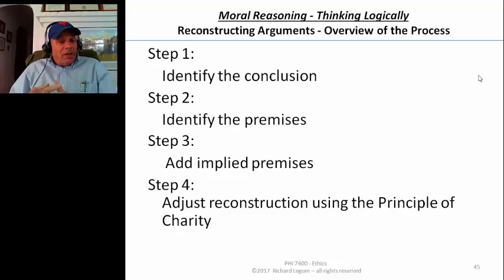That is, keeping in mind that our goal is not to win the argument or prove that the argument is wrong, but rather to get the argument to look as good as it possibly can, and then evaluate, seeing whether it really gives us good reason to believe the conclusion. And in doing that, we are going to learn something about the argument and about the problem that we're using this argument to help identify a solution for.